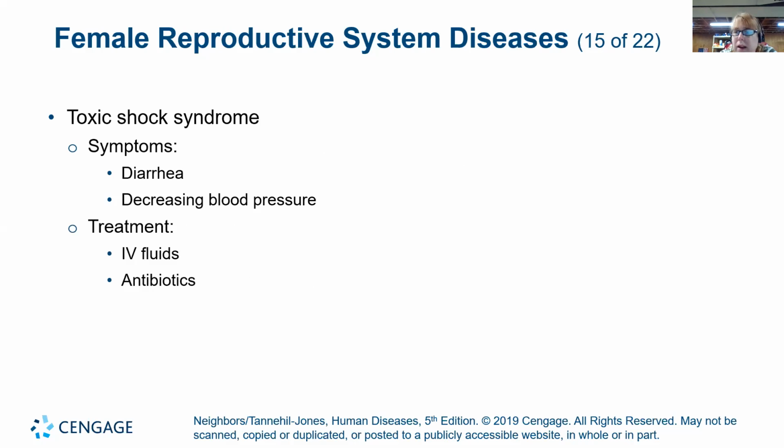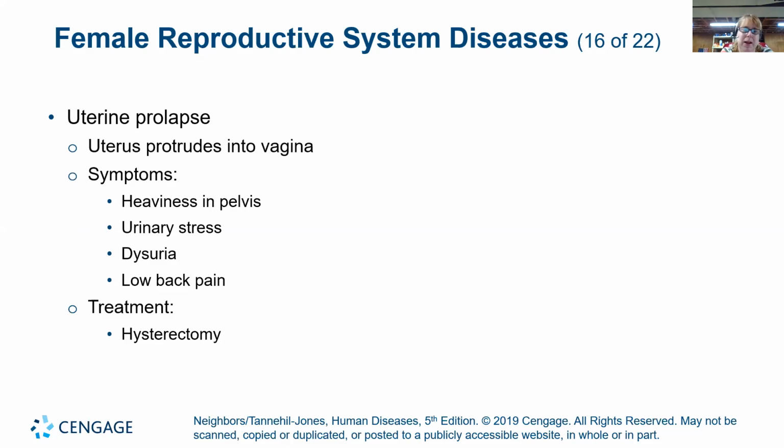A couple more symptoms are diarrhea and decreased blood pressure. So it is imperative that we get women who have this problem treatment immediately. Usually we will replenish their IV fluids. They're given IV antibiotics so that they don't go septic, and then they are usually given oral antibiotics to follow up.